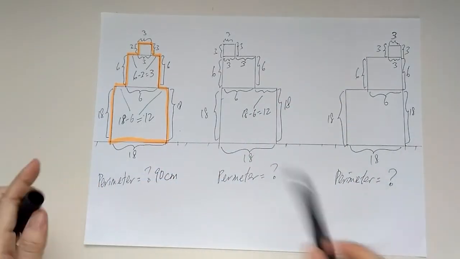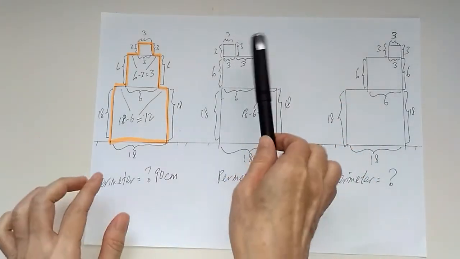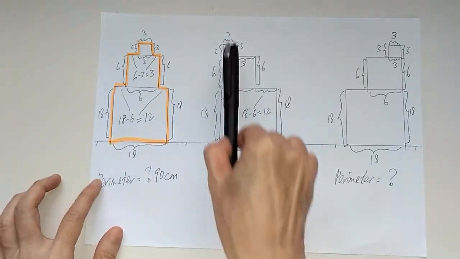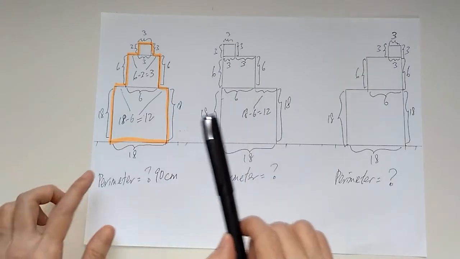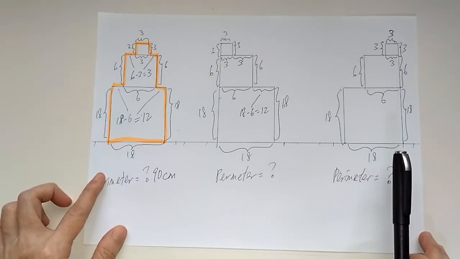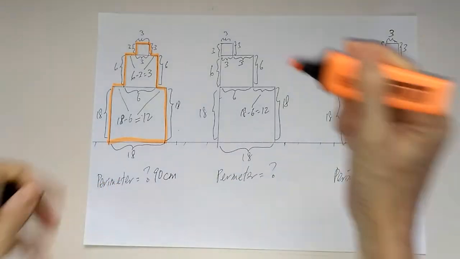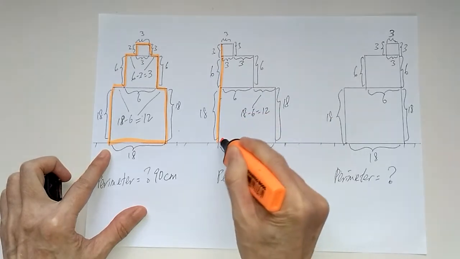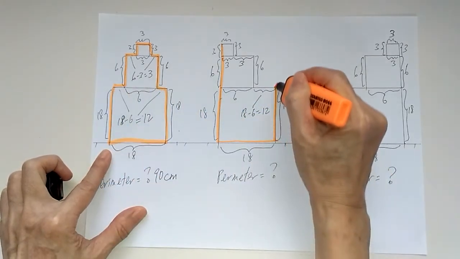Some people may find that after doing some movement, the perimeter could be easier. If you prefer this method, look at this. We are asked to find the perimeter, and we actually didn't change the perimeter. It's still the same. You see, the length is still the same.